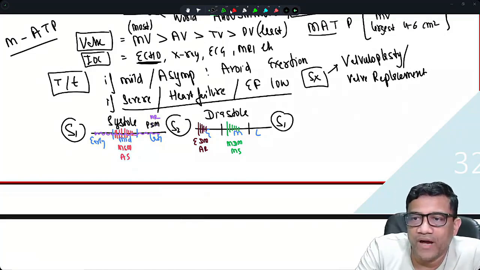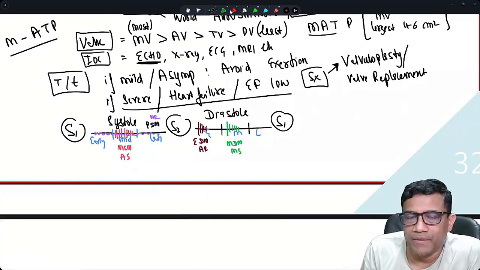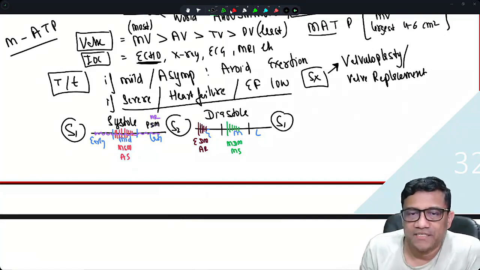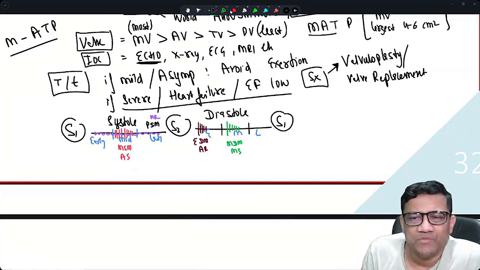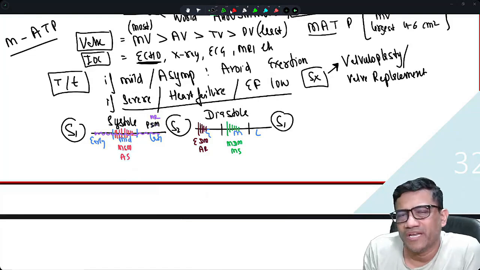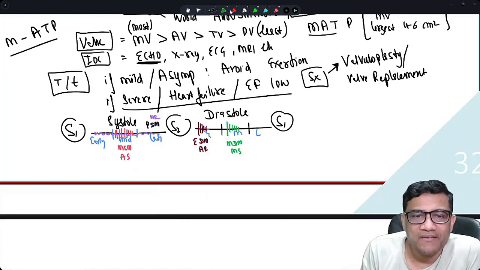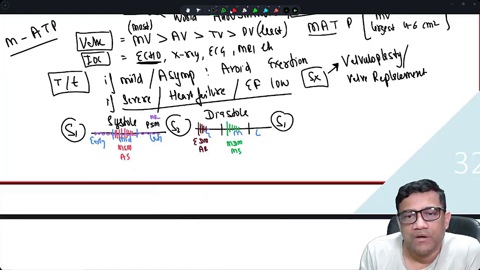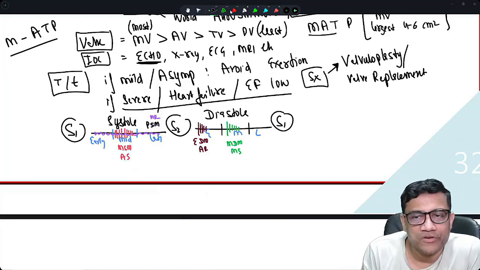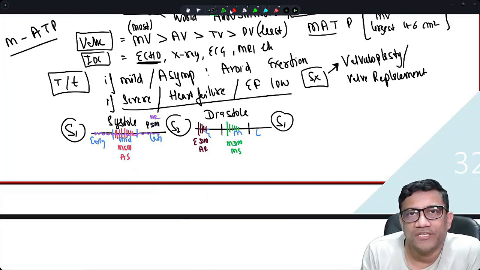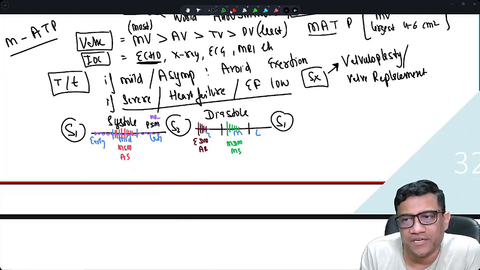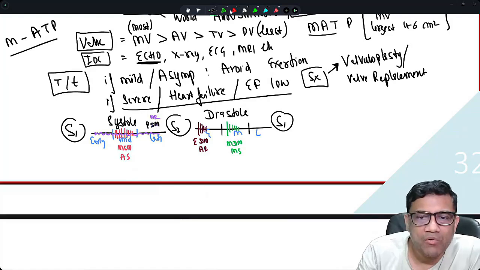And we will do valvuloplasty. So first, mild or asymptomatic, just avoid any exertion. And if severe or heart failure or ejection fraction is low, then we go for treatment mainly, and also treat the failure or congestion accordingly.